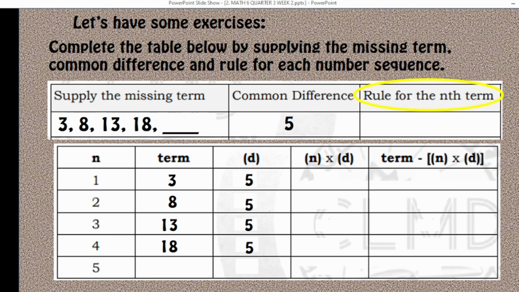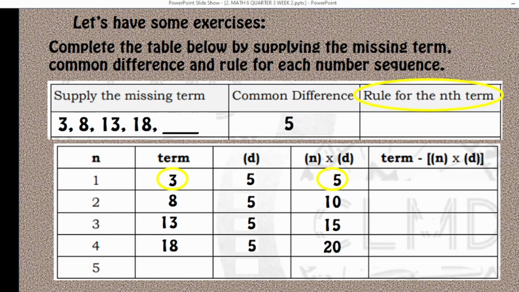At sa ika-apat na column naman ay i-multiply yung n sa common difference. 1 times 5, 5. 2 times 5, 10. 3 times 5, 15. 4 times 5, 20.